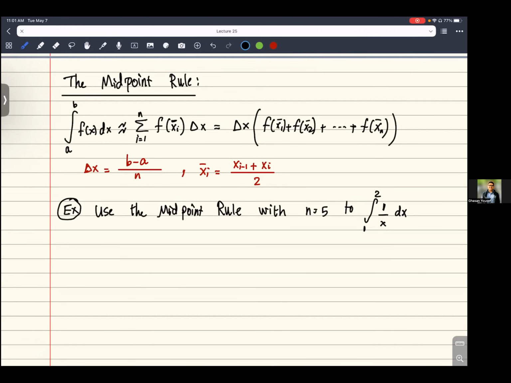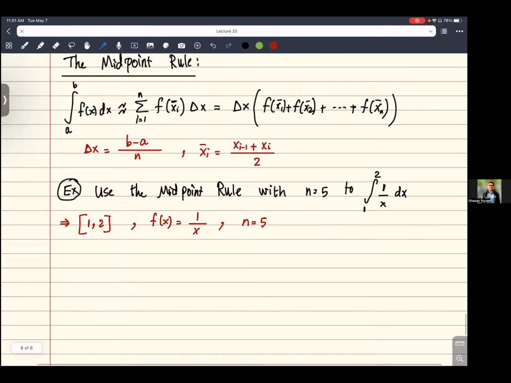My question is, what is the interval? 1 to 2. What's the function? 1 over x, correct. And what is n? It's 5.